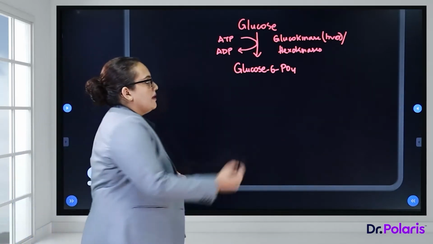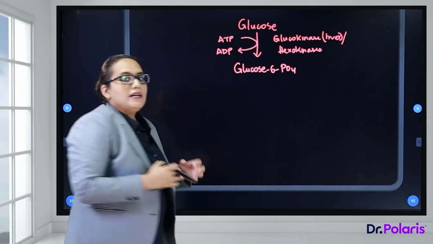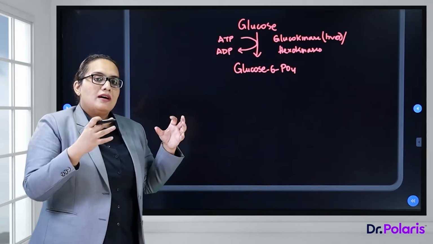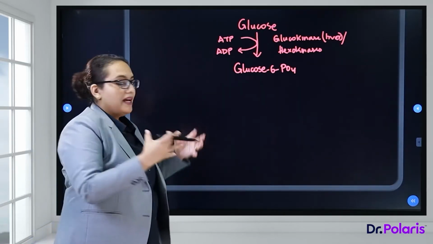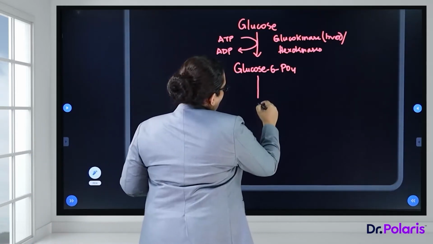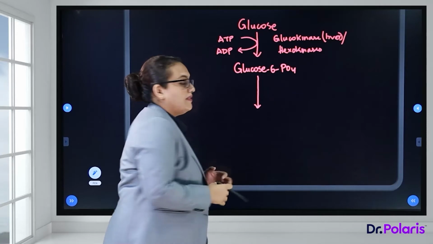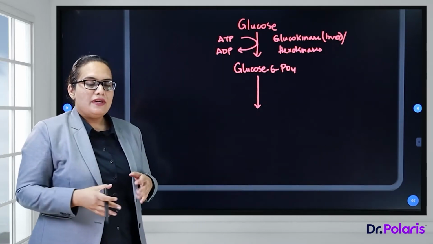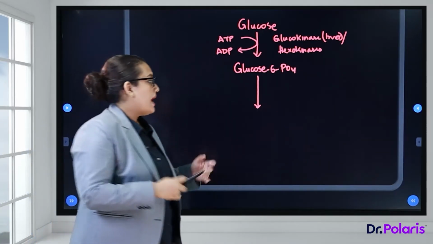The next step is glucose 6-phosphate undergoes a process of dehydrogenation where the hydrogen is removed from glucose 6-phosphate. And we have the key enzyme, glucose 6-phosphate dehydrogenase, which comes into action over here.